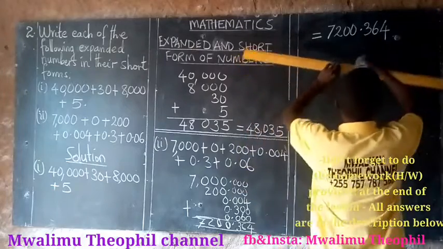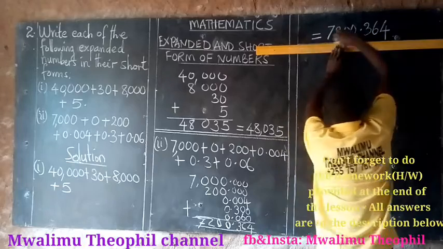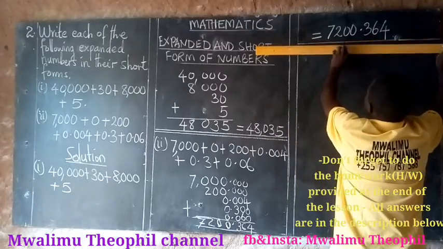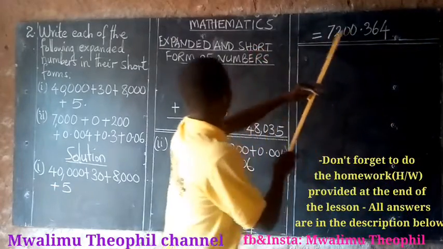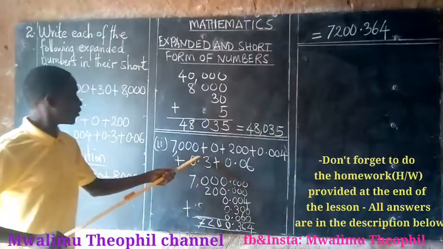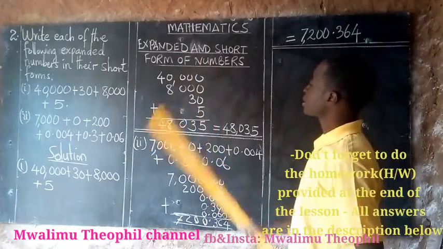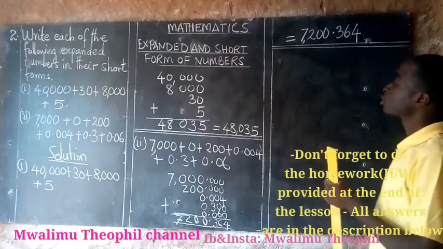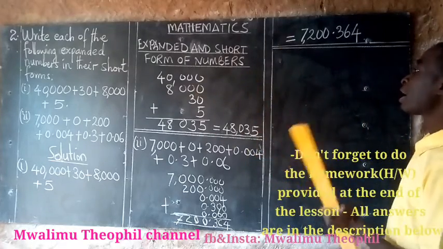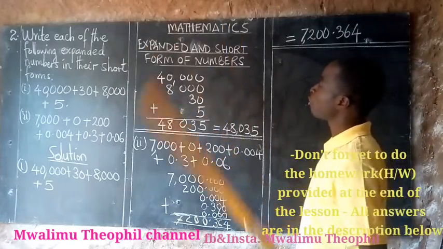So this is the short form of the given expanded number. So this is the answer for the short form of this expanded number. Now, after these two examples, I hope we've understood well the way to write the short form from expanded numbers and the way to expand the number into their expanded forms.